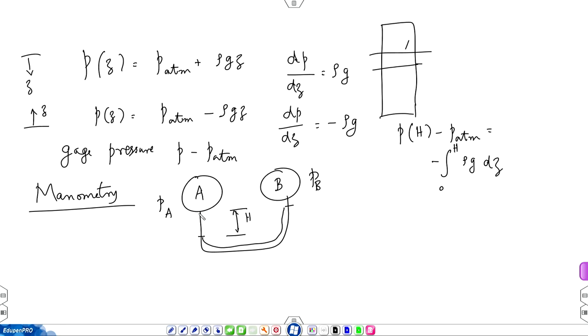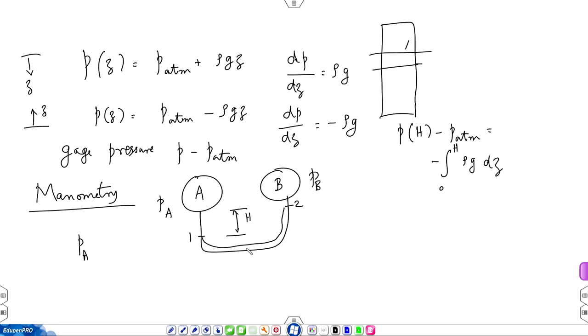When you go down, the pressure will slightly increase from A to, let me call this point 1, I will call this point 2. When you go from A to 1, it is a slight increase in pressure because of hydrostatics that we may neglect because it is a gas. So, at point 1 pressure is P A.